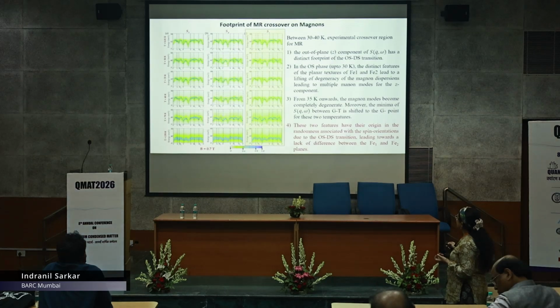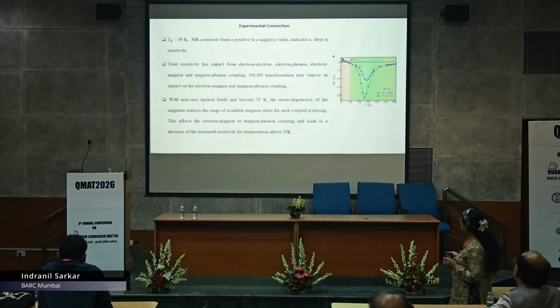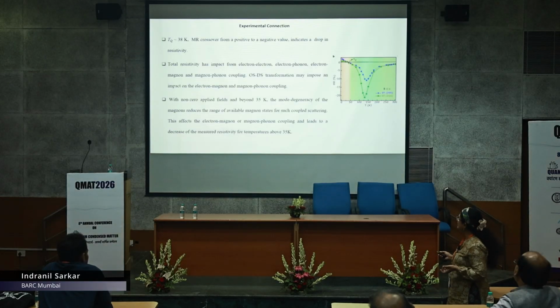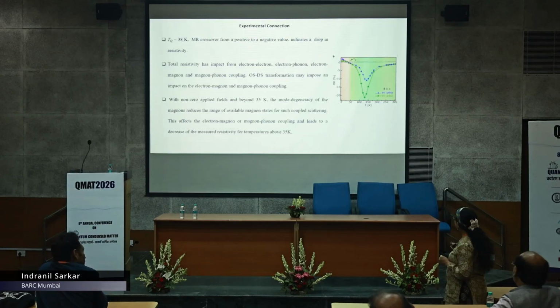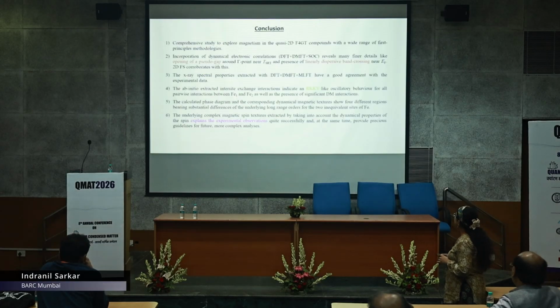So these show that there is an impact of the randomness present in this system, and that mode degeneracy of the magnon reduces the number of available magnon states, and that can lead to a crossover from positive to negative magnetoresistance. I am not reading out the conclusion.